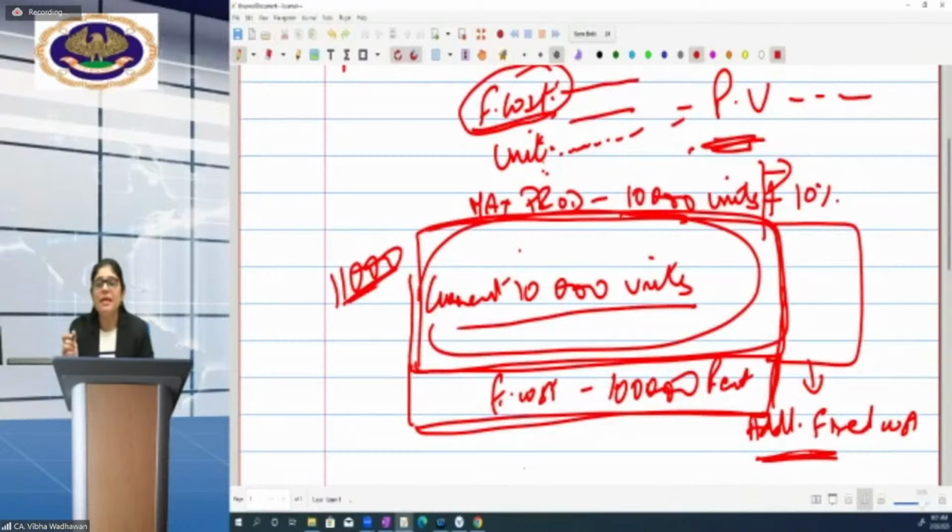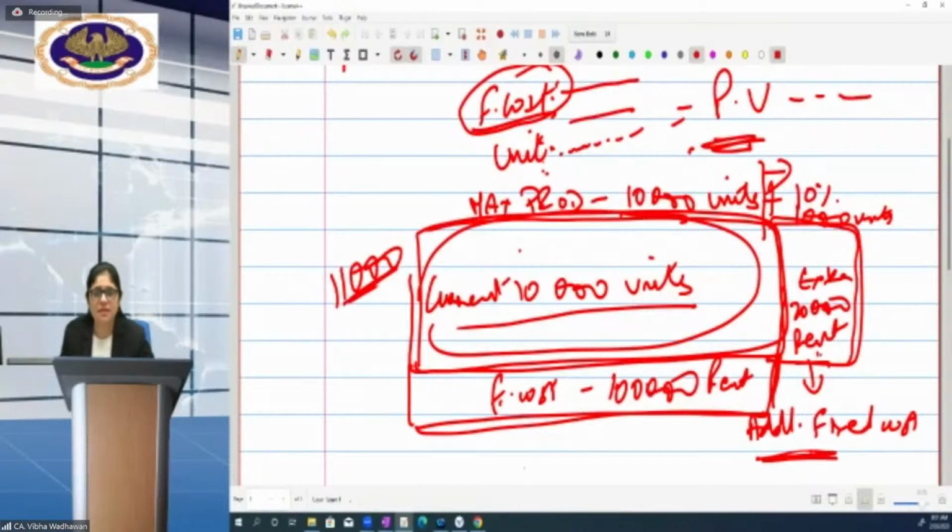But if I am increasing the capacity of the factory beyond maximum, beyond 100%, let us say plus 10%, then for additional 1,000 units, I have to expand the factory area, and let us say I have to pay extra 20,000 rent. So additional fixed cost will be 20,000. Generally, when we exceed the maximum production capacity, fixed cost also changes. Clear? But in this question, it does not seem to change.